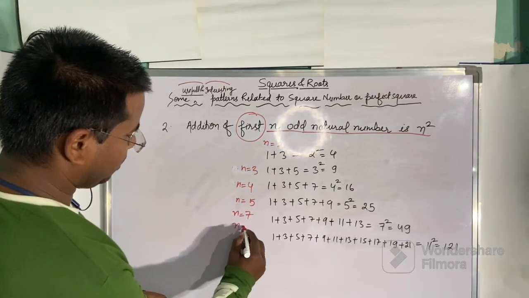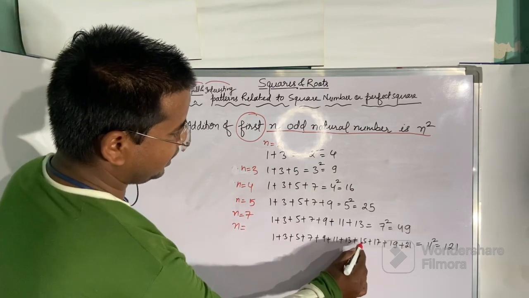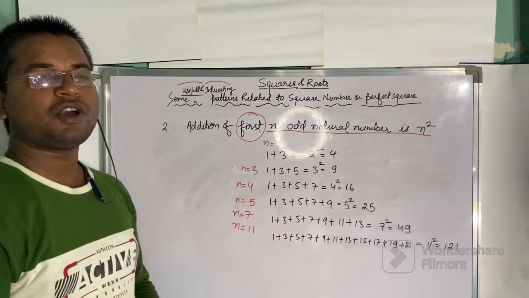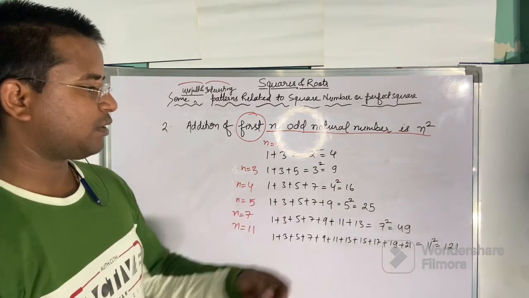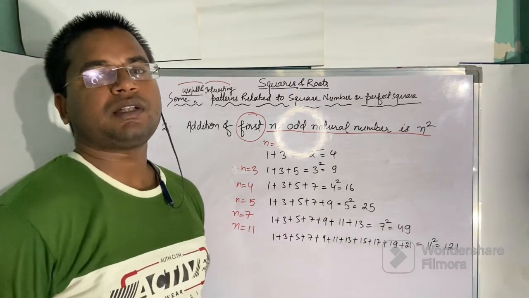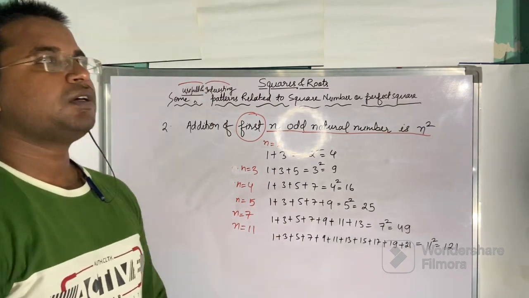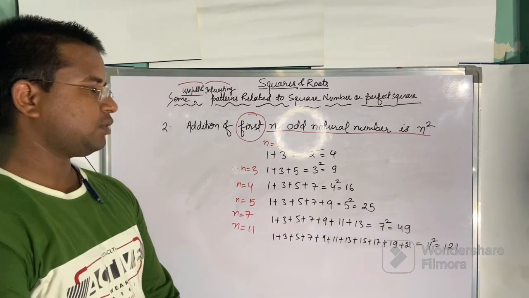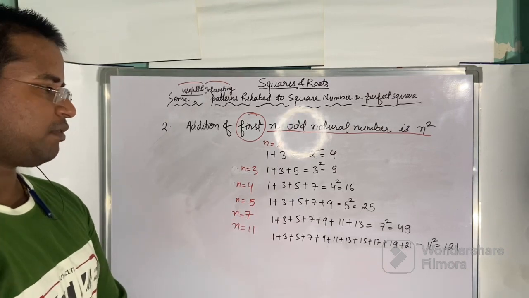Next, the sum of 1, 2, 3, 4, 5, 6, 7, 8, 9, 10, 11. The sum of the first 11 odd natural numbers is n square, that means 121. So this is also very important when we do questions of SSC and bank exams, because it is very complicated if we add these numbers one by one.